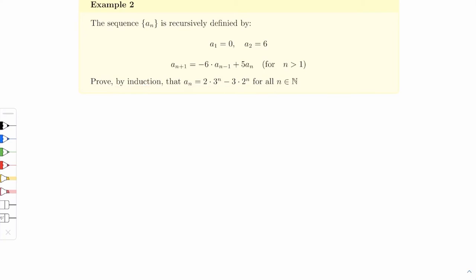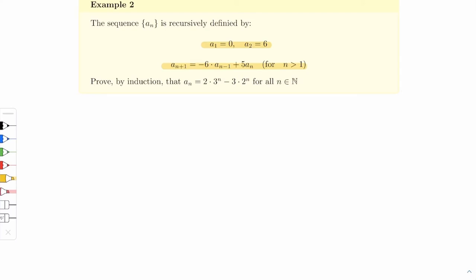So I want to first talk about recursive sequences because it's useful if you're a CS student. This is a recursive sequence. This definition of a_n is a recursive sequence. Why is that?